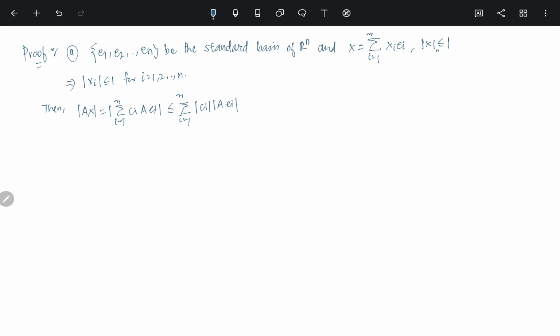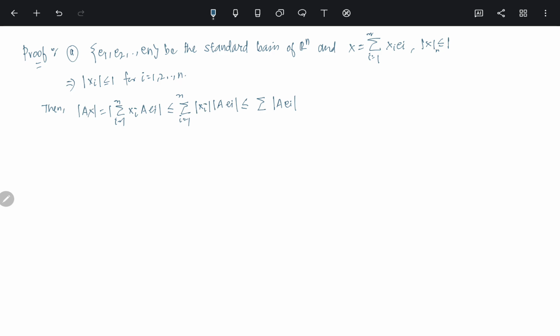So A of x is this, which is dominated by the summation of mod xi times the norm of A of ei.